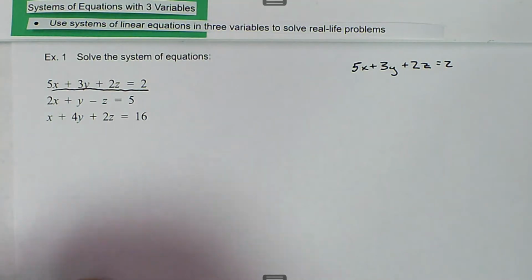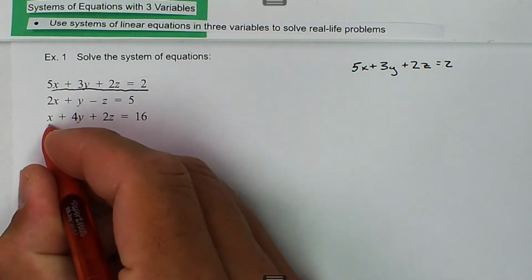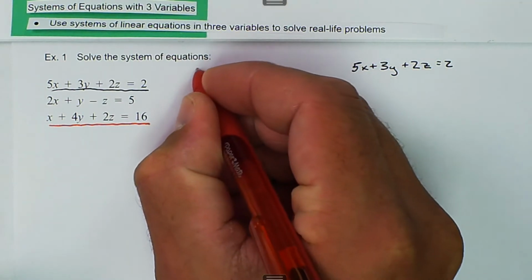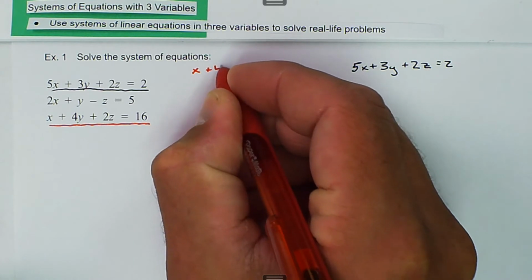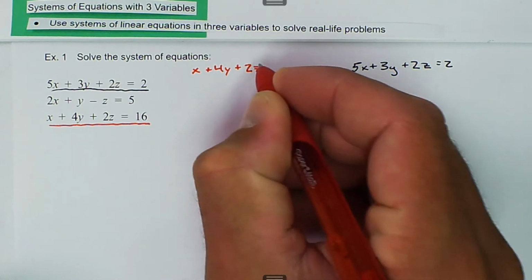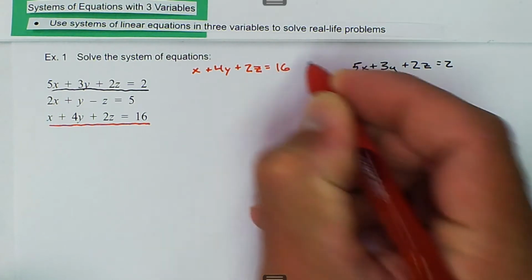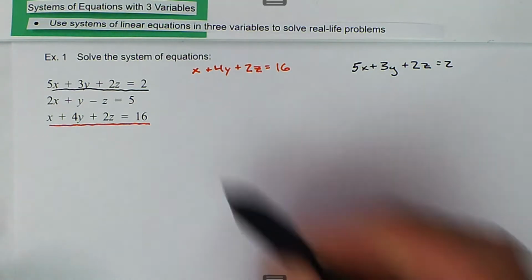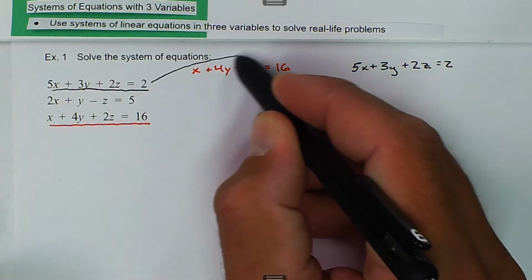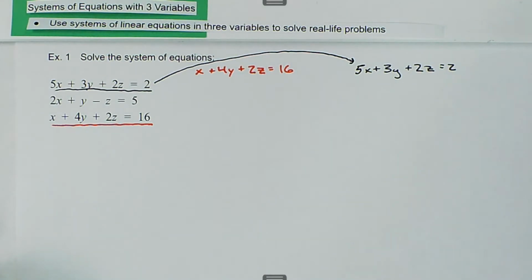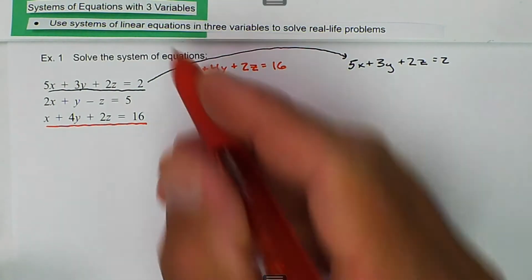And then I'm going to use my red ink and write this equation right here: x plus 4y plus 2z equals 16. So that equation we wrote over there, this equation's written right here.